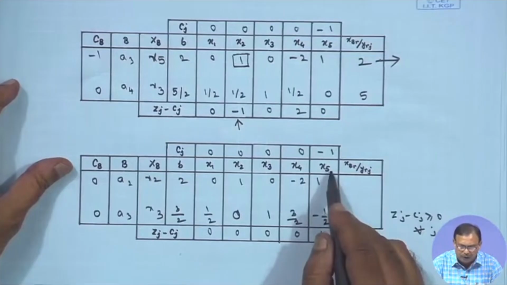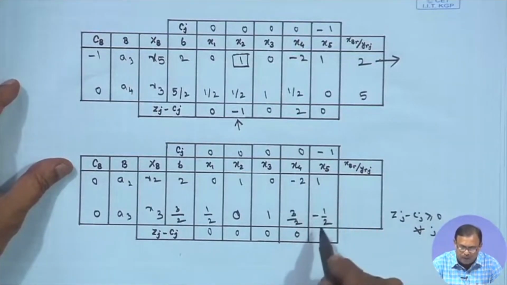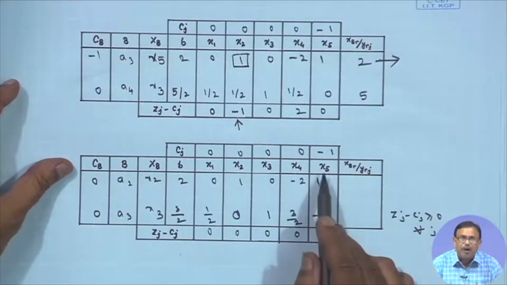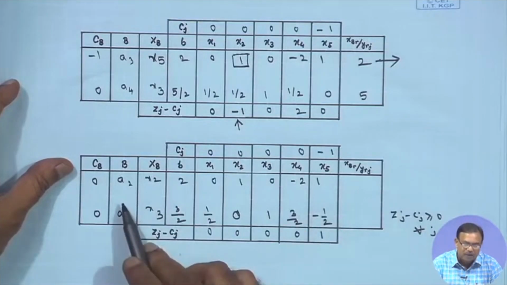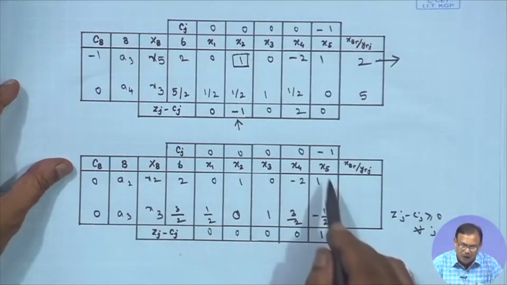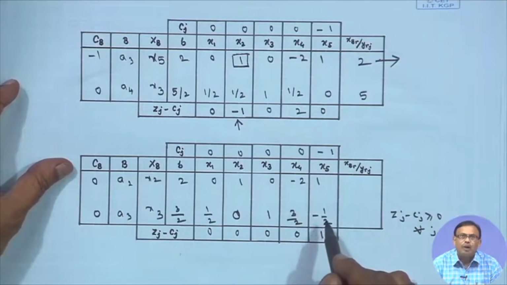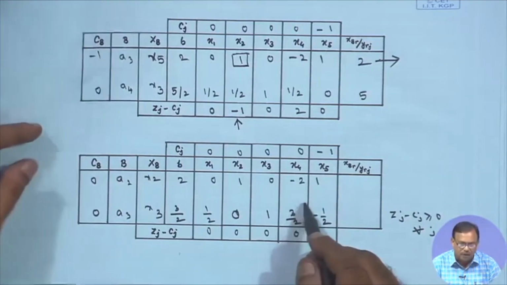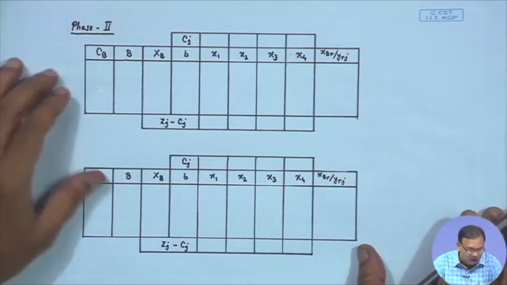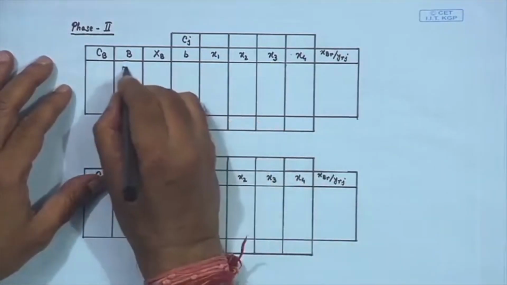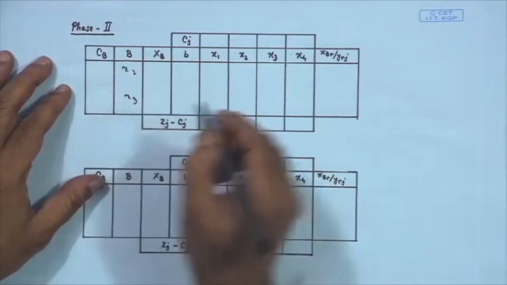And also you see in the last table of phase 1, this variable x 5 is not present in the basis. Therefore, this column x 5 will be removed, as we have discussed in the algorithm. So, that you will obtain your x 2 and x 3.